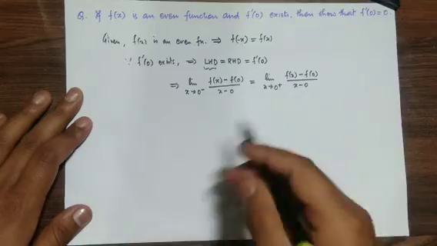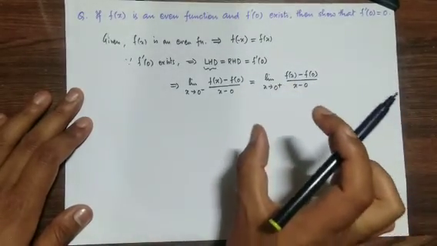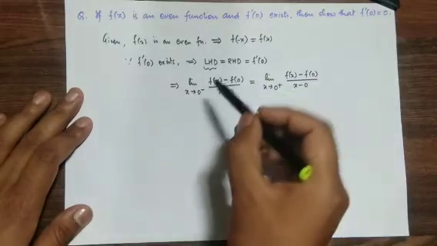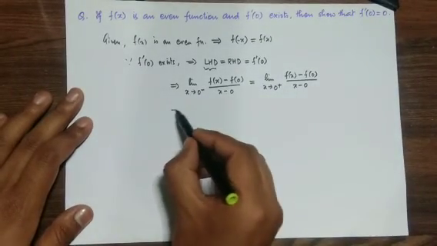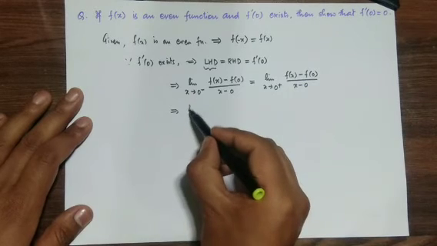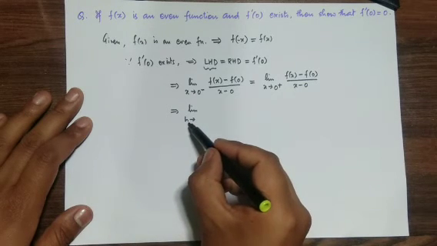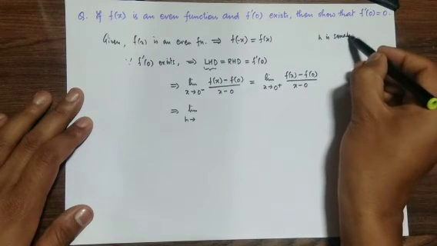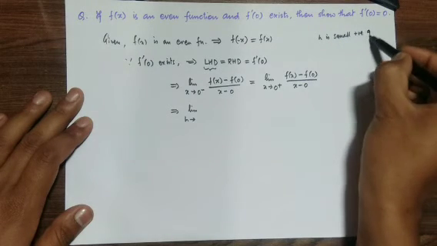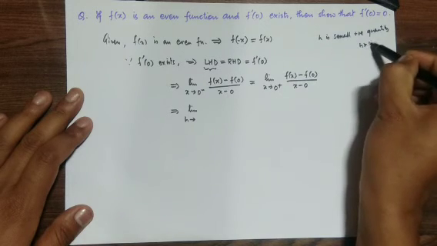Now there is one more definition, but instead of using that, I'll come to that definition using this particular definition. Let me introduce one very small quantity, h. So h is a small positive quantity, that means h is greater than 0.